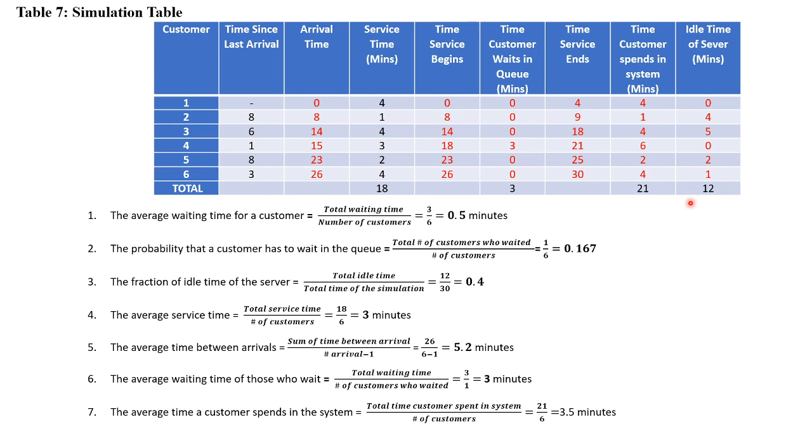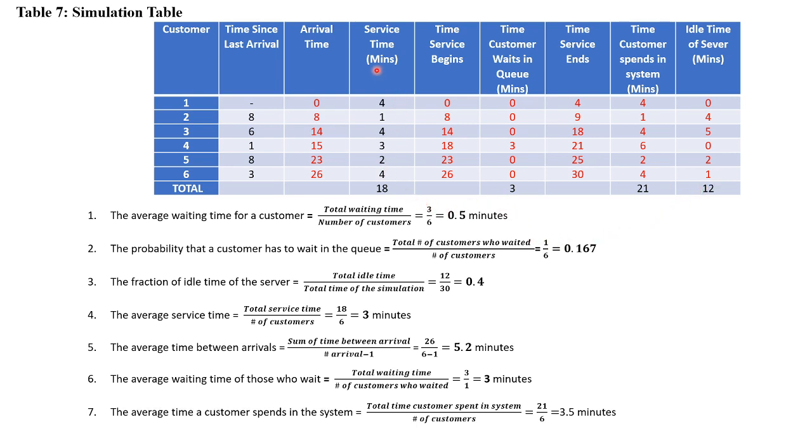That is the idle time for the server. Before customer 6 entered, the server was idle for 1 minute. So we have the time customer 6 arrived, 26, minus the time customer 5 left the system. That gives us 1.